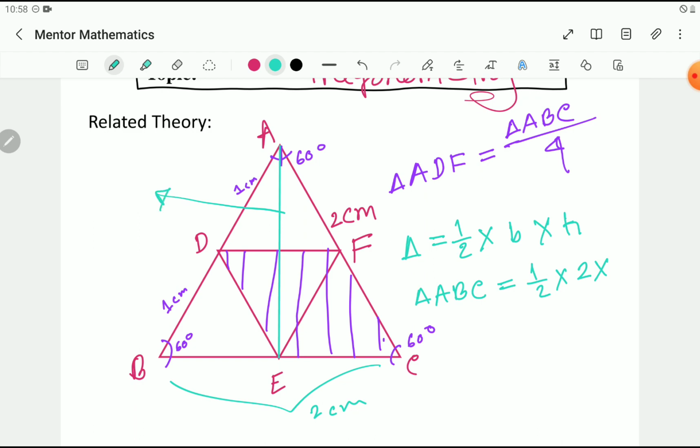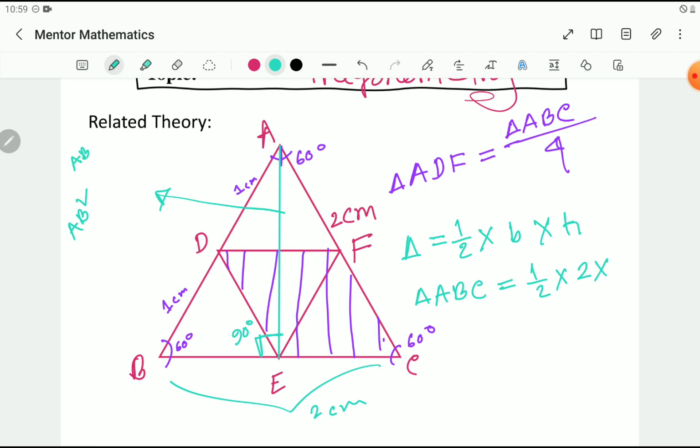To know the height, we can use the Pythagoras theorem. So this is the angle 90 degree, so we can apply the Pythagoras theorem. According to the Pythagoras theorem, in this case we'll consider the triangle ABE.